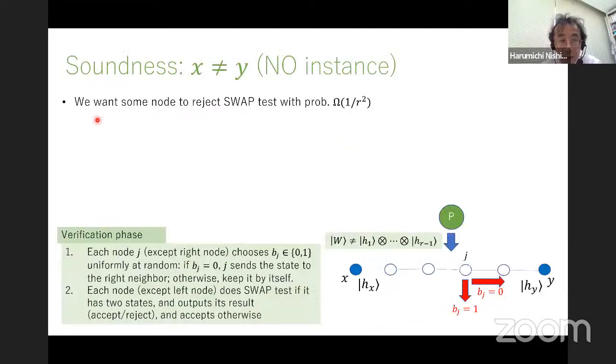In fact, this means that we want some node to reject in the swap test with probability 1/R squared.